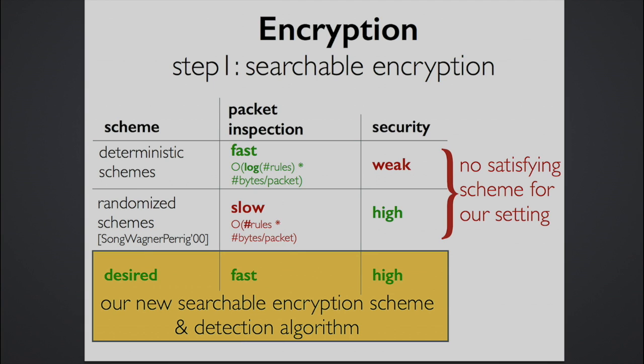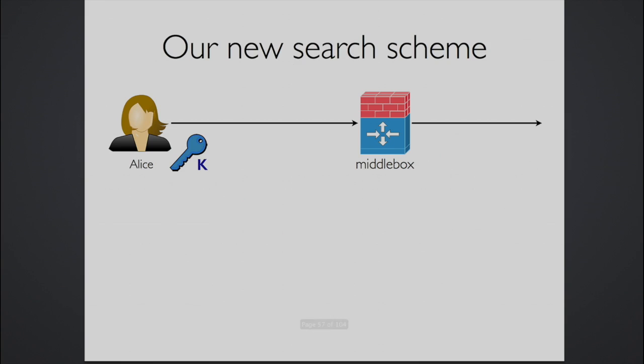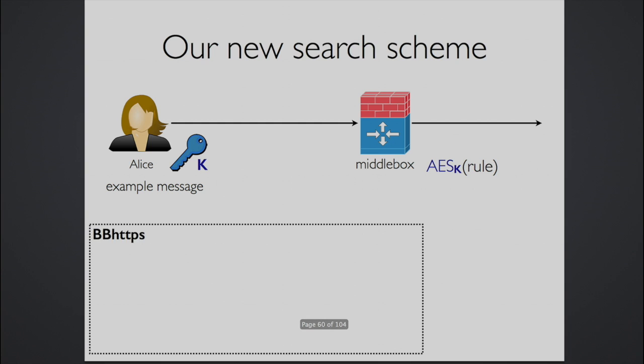So I'm going to walk you just very fast through the technical details, just very high level. Our new encryption scheme relies on the fact that the middle box has an AES encryption of the rule under the SSL key. And I'm going to mention at the high level how it obtains this encryption. But then the user takes a message, as I mentioned, tokenizes it as part of BlindBox HTTPS, and then encrypts it. And this is our encryption scheme.